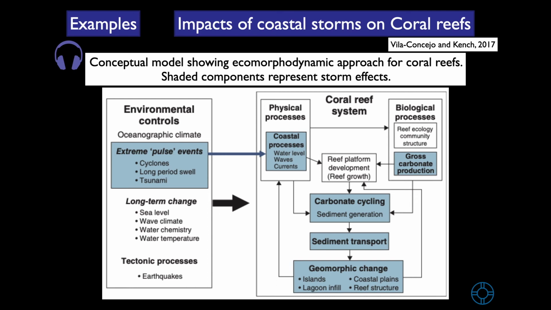Finally, feedbacks may be nonlinear and can be associated with significant time lags. For instance, short-term stresses, such as storms, may cause changes in the reef that may propagate through the system, altering the carbonate budget and, ultimately, the reef's ecology in the decades to come.